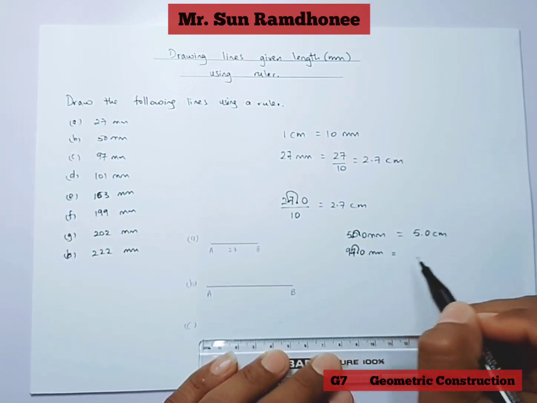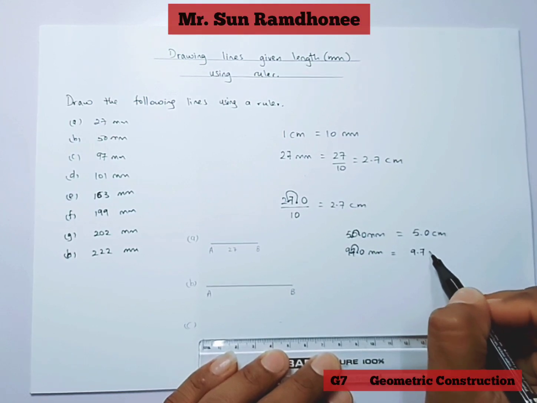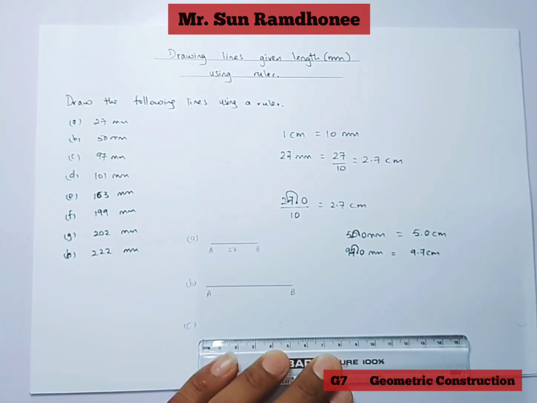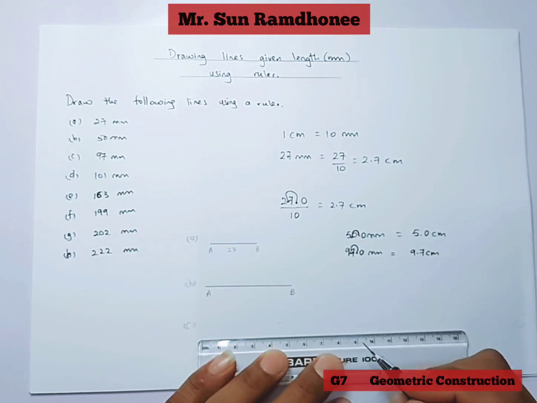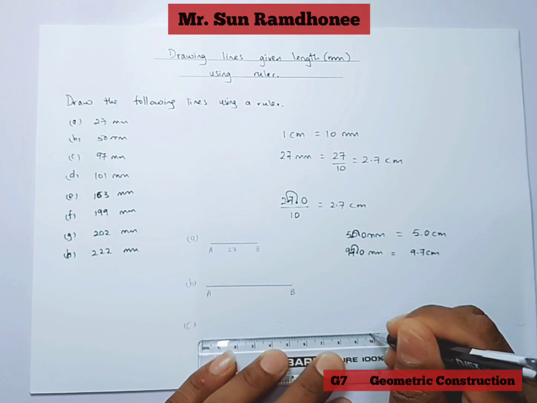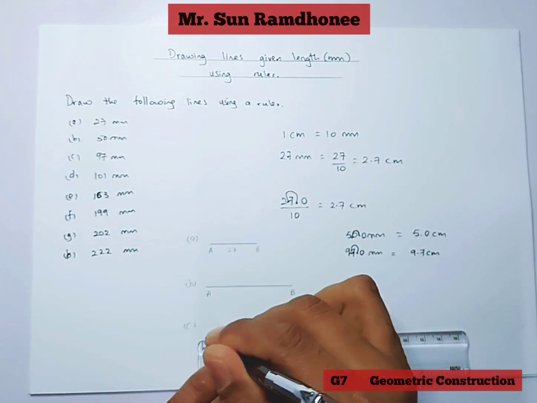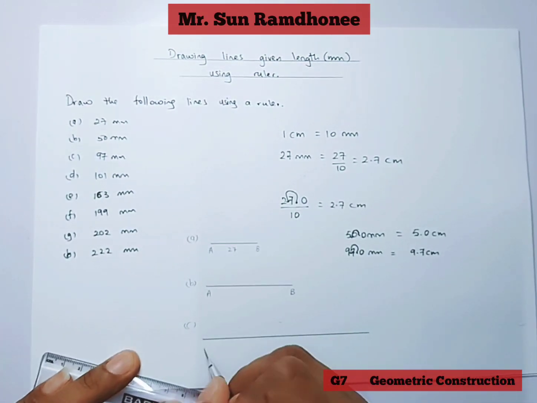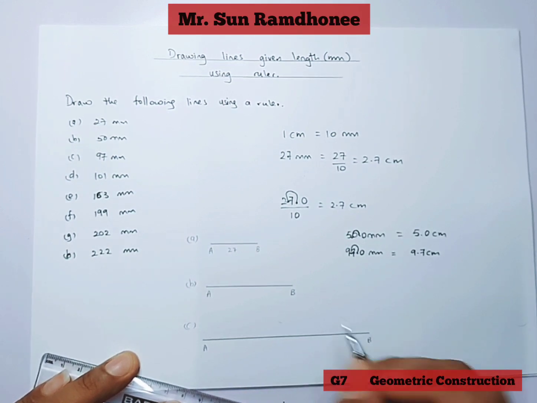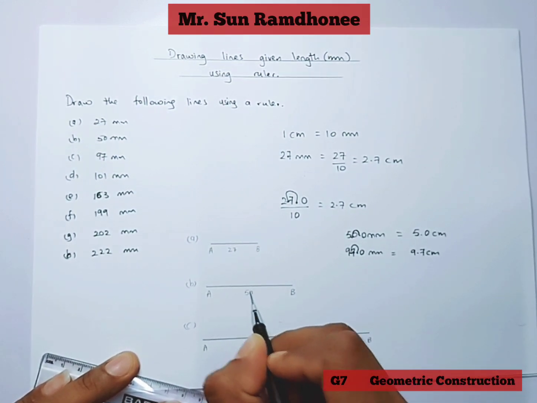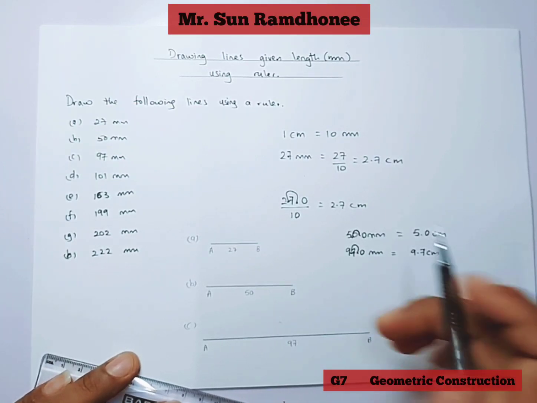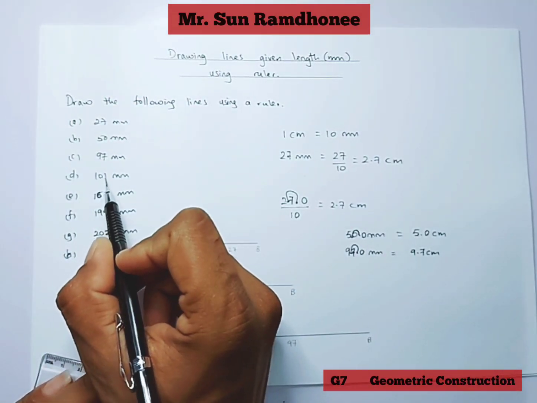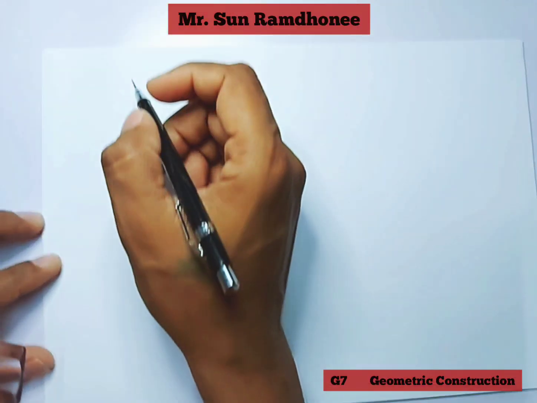We move this decimal, it will be equal to 9.7 centimeters, and then 9.7 centimeters would be 9, 9.5 and 9.2 here, and then we draw the line A, B. I forgot to add the 50 here, and here it will be 97.